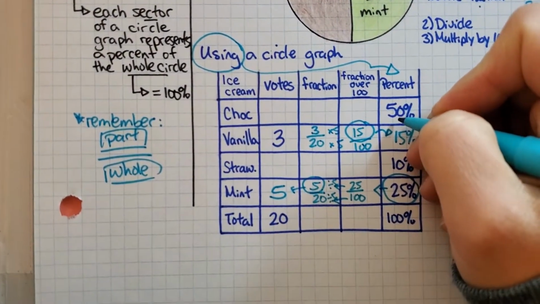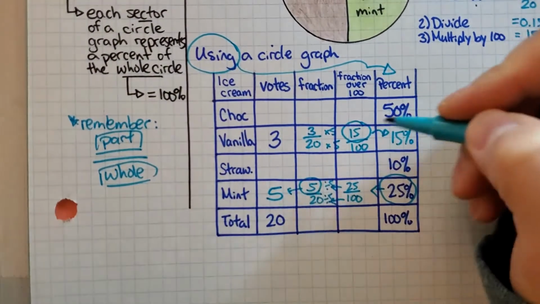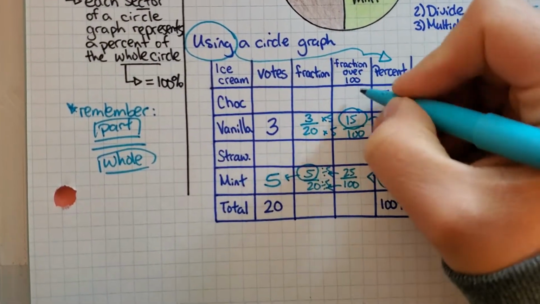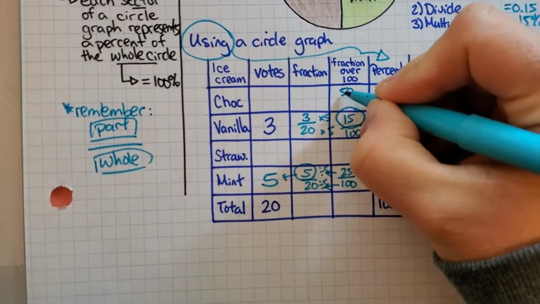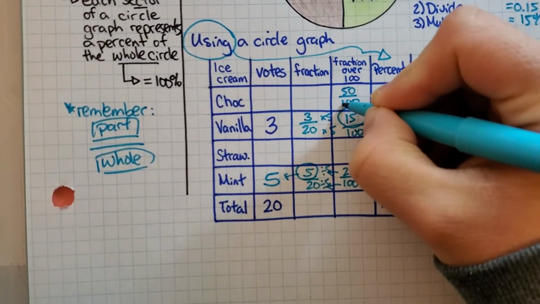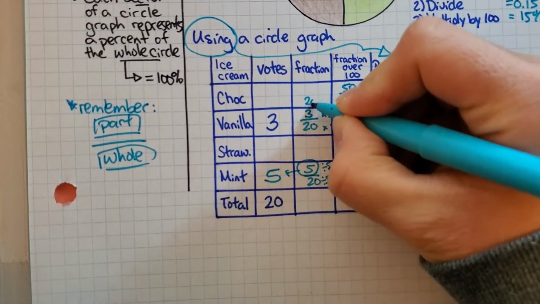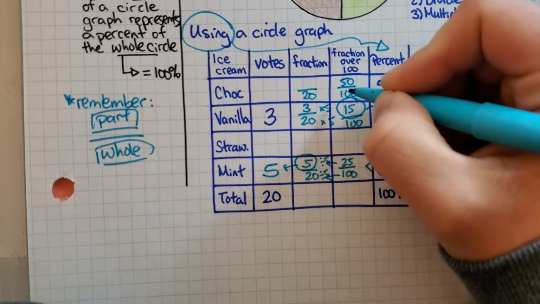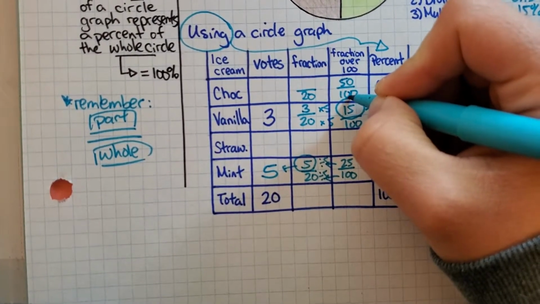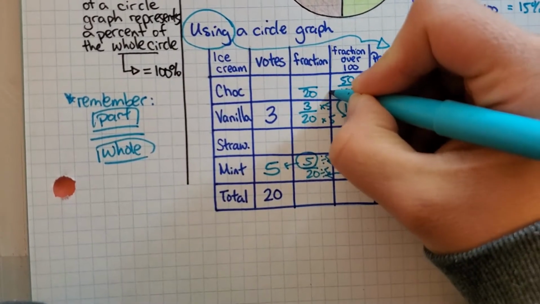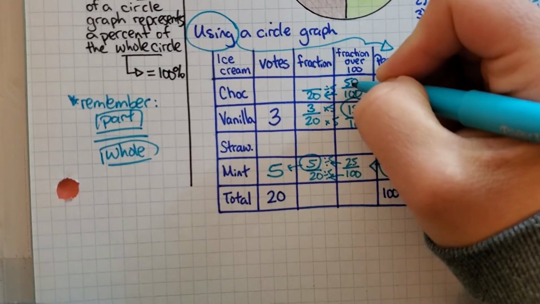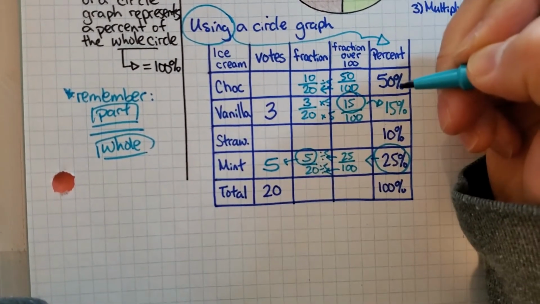Just finish off this table. So if we have 50% here, and we're going to find out how many votes that is, we're going to go this way, same as this example. So we're going to write it over 100, 50 over 100, to make it as a fraction of the whole. We're going to look at dividing this by 5. Top and bottom the same. 50 divided by 5, 10 over 20.